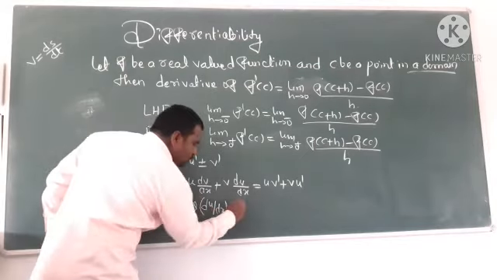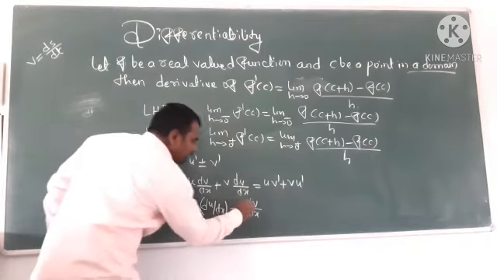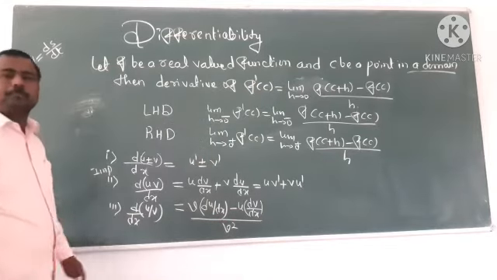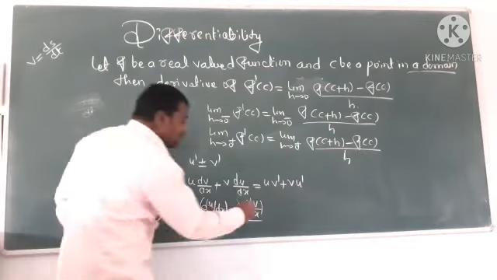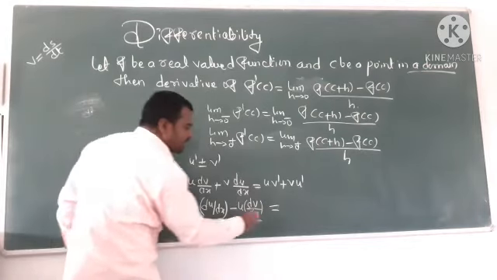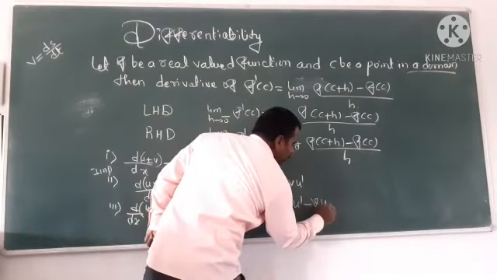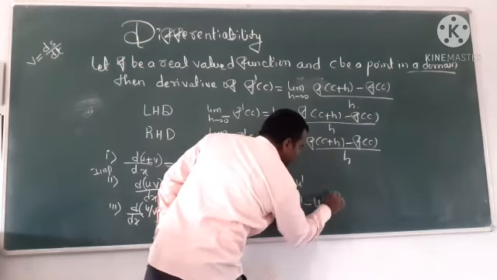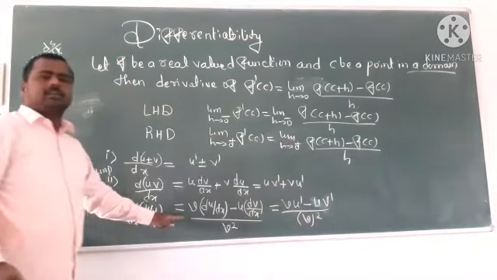Next u constant, dv by dx, and the whole divided by v square. This is called the quotient formation, right? So we express it as v u dash minus u v dash, whole divided by v square, right?